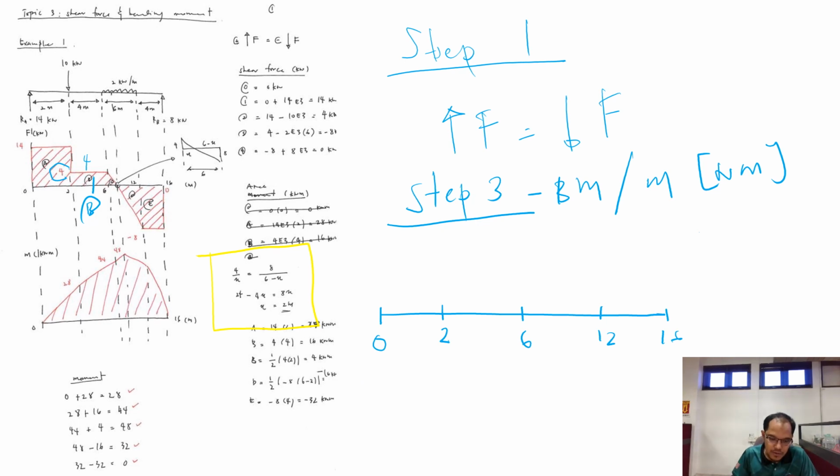So once you manage to get all these numbers, you're going to plot it. Let's say for the first case, 28 kilonewton meter: 0 plus 28, so you get 28.